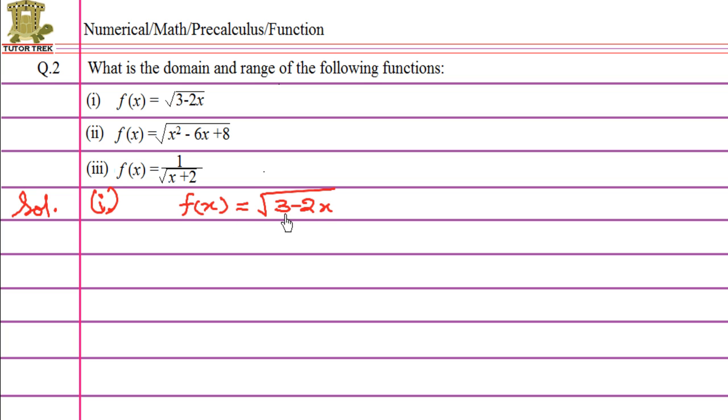If there is any number in a square root, it should be greater than or equal to 0 for it to be real. If it is negative, it would be imaginary or complex. So first of all, 3 minus 2x should be greater than or equal to 0 because it is in a square root. So for real, it should be equal to or greater than 0.